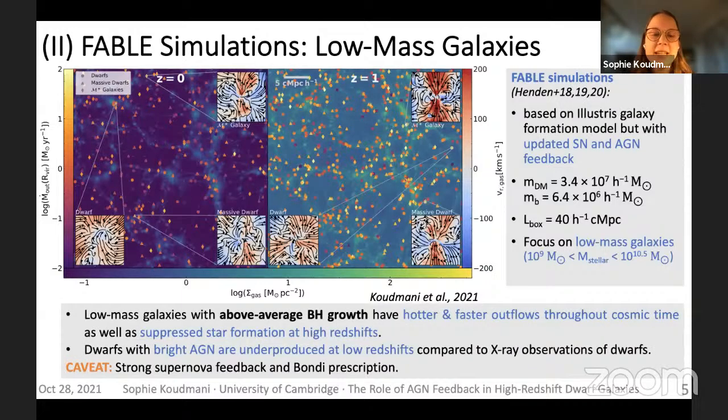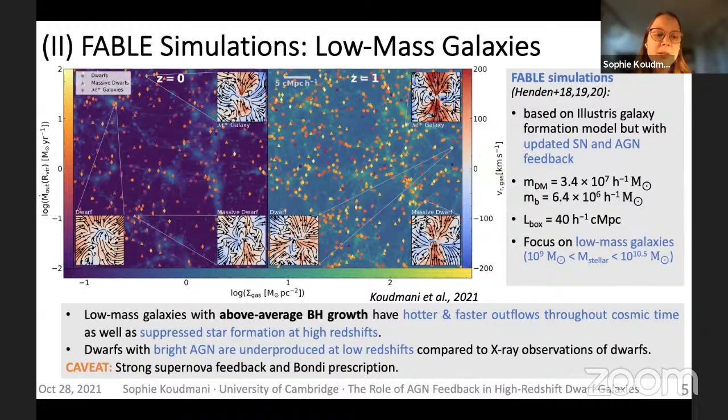And we found that with this cosmological simulation, low-mass galaxies with above average black hole growth still have hotter and faster outflows throughout cosmic time, confirming the findings from the isolated simulation. We also found that at high redshifts, where AGN activity increases, the AGN is able to contribute to the suppression of star formation in low-mass galaxies. Interestingly, we also found that dwarf galaxies with bright AGN are underproduced at low redshifts compared to constraints from X-ray observations of dwarf galaxies.